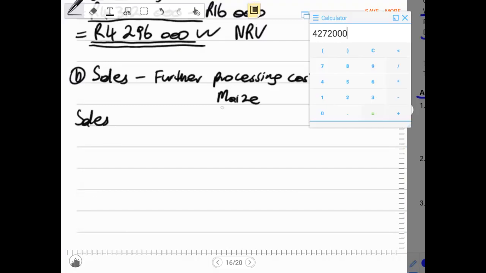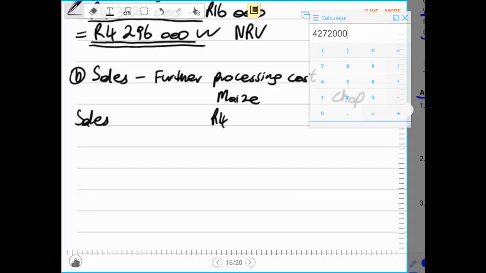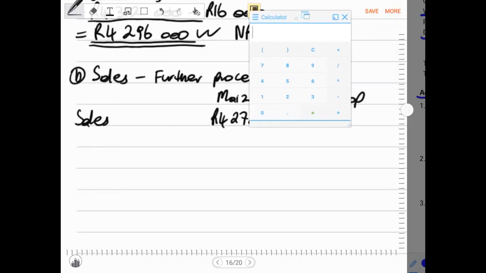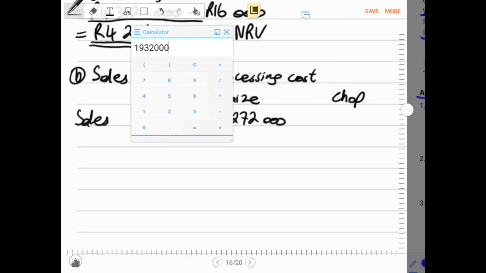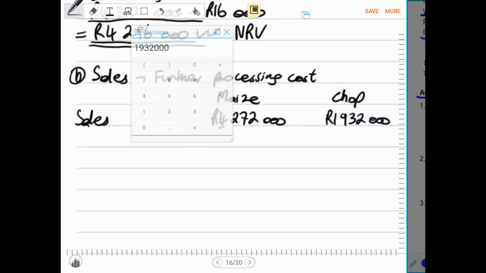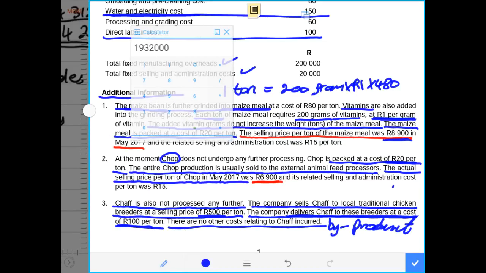This gives us a total of 4,272,000 rands. Then the next one will be 6,900 times 280. If my memory still serves me, I'll just confirm it again. 1,932,000 rands. Yes, the selling price for the second product was 6,900.